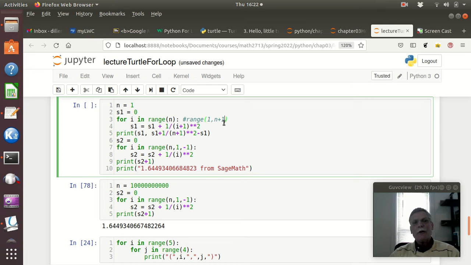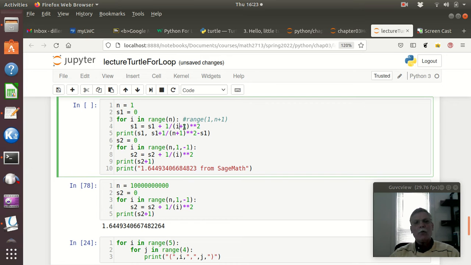And then again, I could have added a comma and a 1, but it will do that on its own. So I could have used that instead of this, and then I would have just had i squared instead of i plus 1 squared. So I just had to make sure I had the right number that I was dividing by.